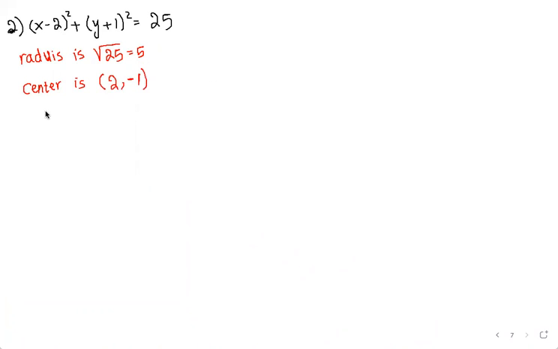Because the equation looks like x minus 2 squared plus y minus -1 squared equals 5 squared. Okay. So this is my center, the 2 and -1, and the radius is 5.